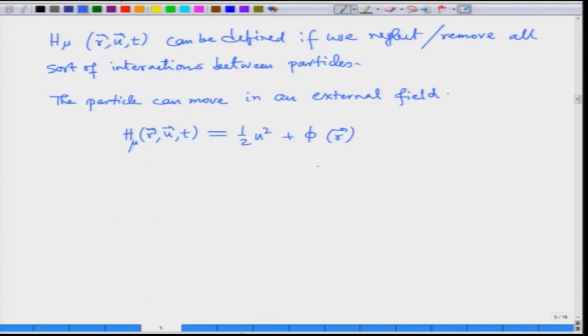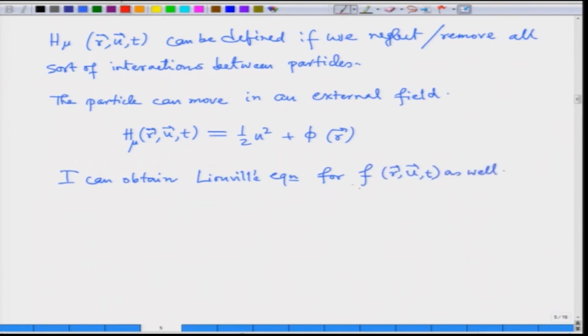Now, if we define that, then we are actually done. Then you can say that I can derive or I can obtain Liouville's theorem, Liouville's equation rather, equation for f r u t as well.